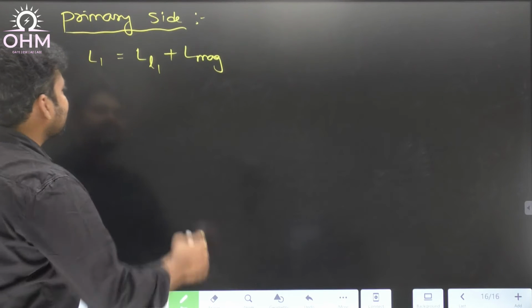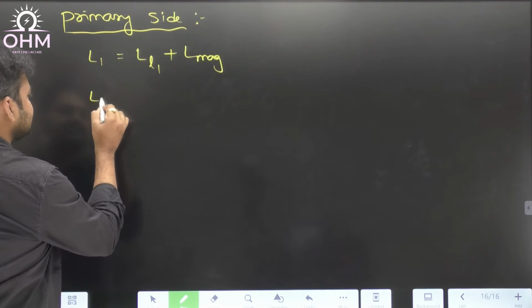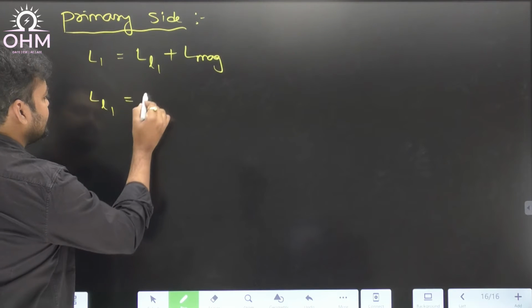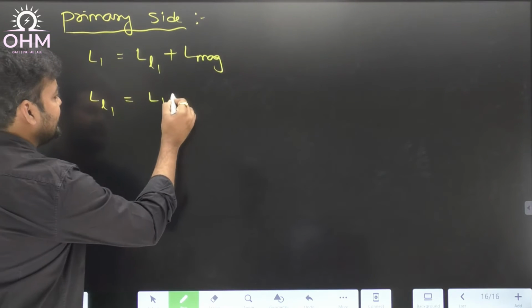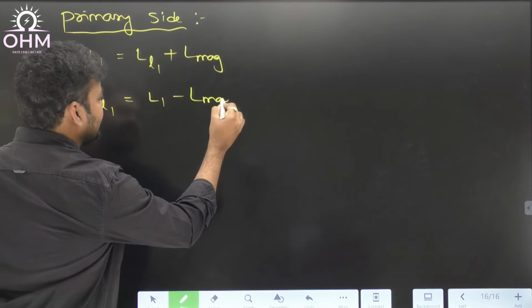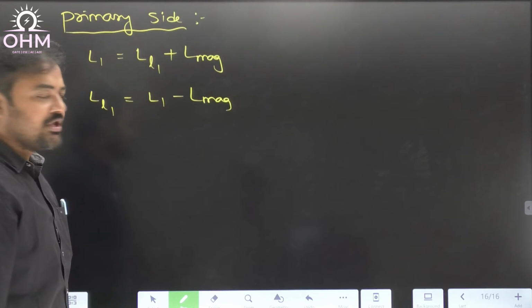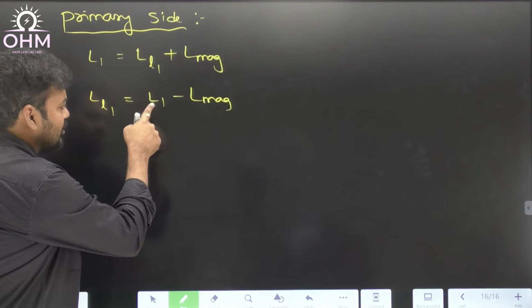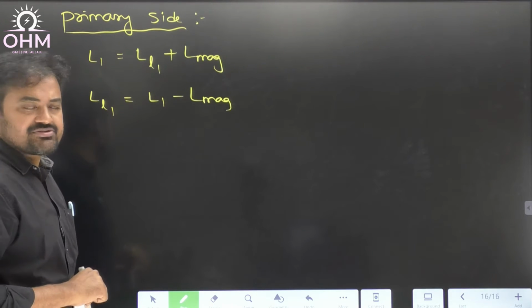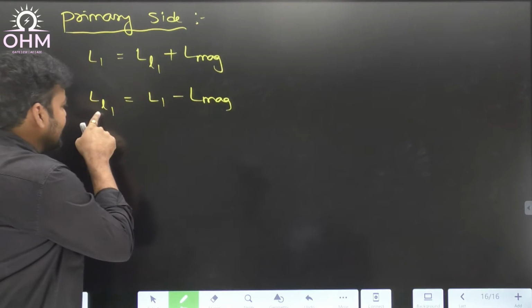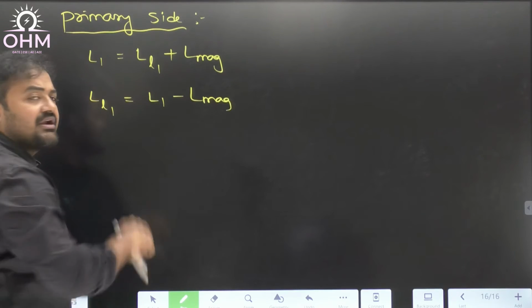Our aim is to separate the leakage inductance. Therefore, leakage inductance is equal to total inductance on primary minus magnetizing inductance on primary. In the given question, the total inductance was given as 45 millihenries. Therefore, to find the leakage inductance, I have to find the magnetizing inductance.